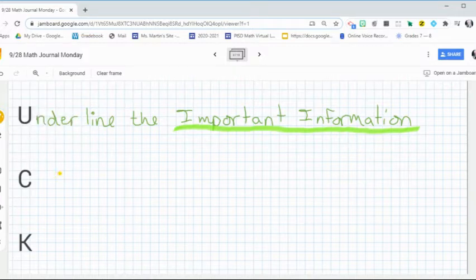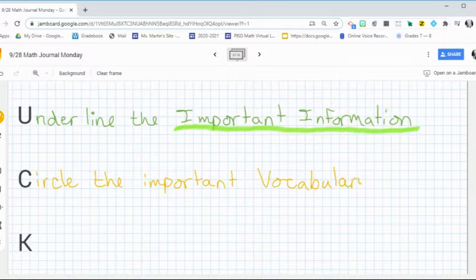Third, we're going to circle the important vocabulary words that are used in the problem.